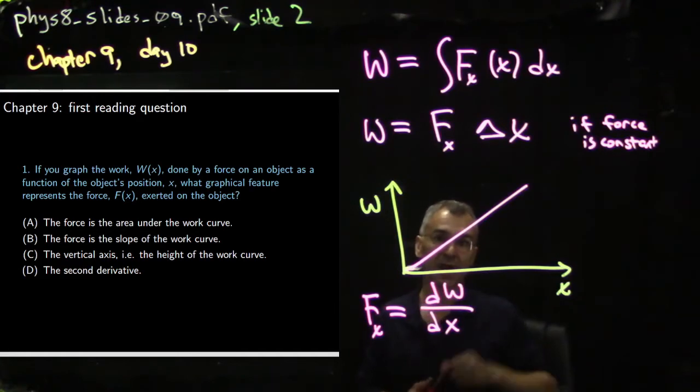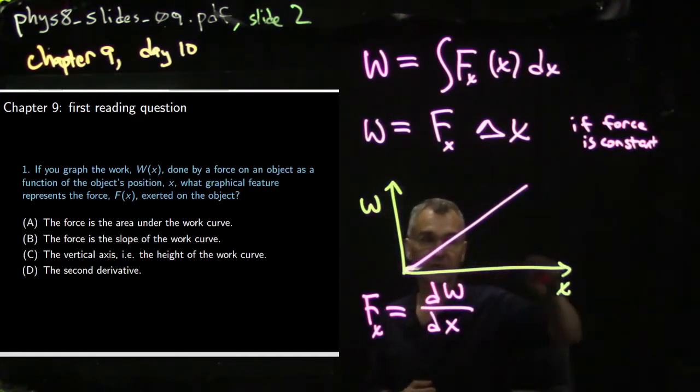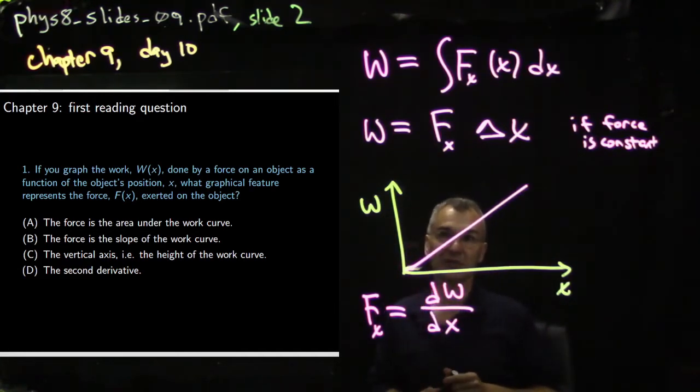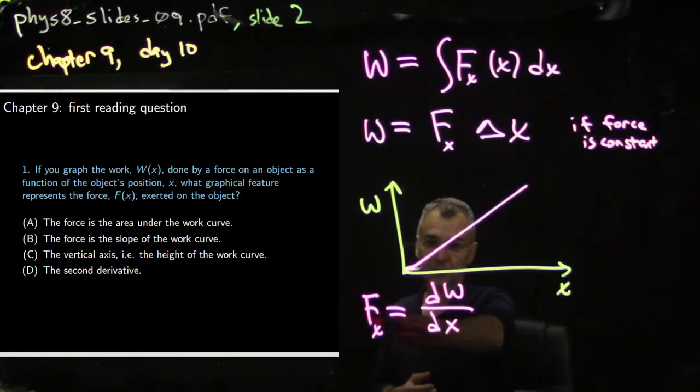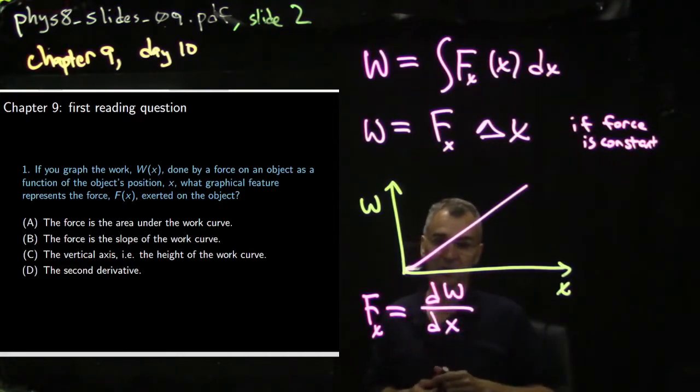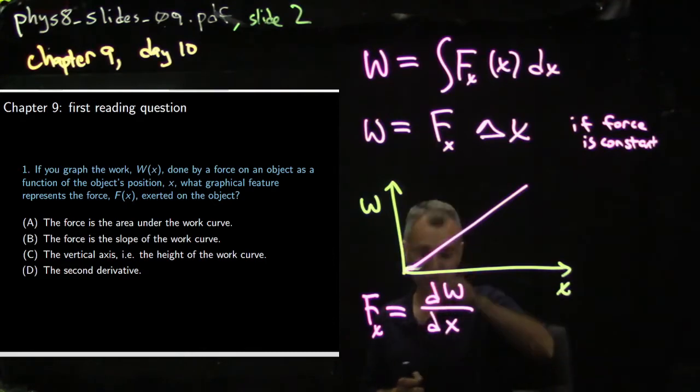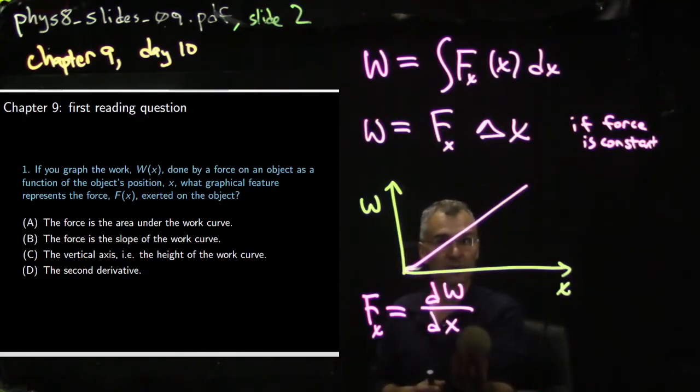So the graphical feature of this work versus position curve that represents the force I'm applying is the slope, because the force is the derivative of work with respect to position. Therefore the slope of the work versus position curve would equal the force. And this is like a constant force.